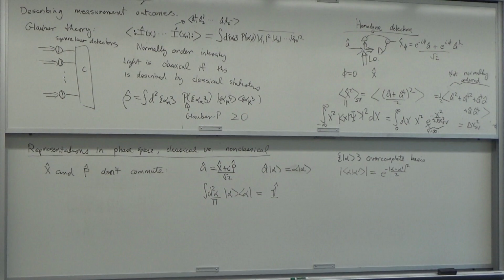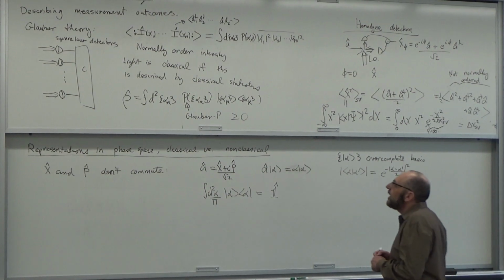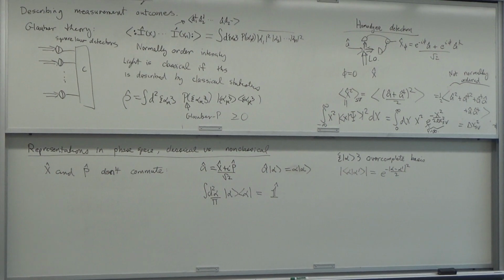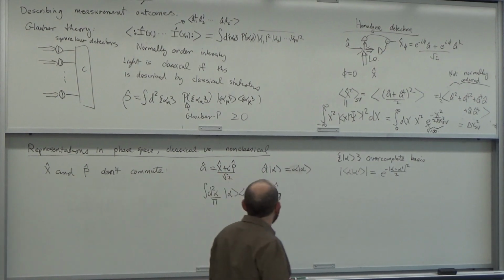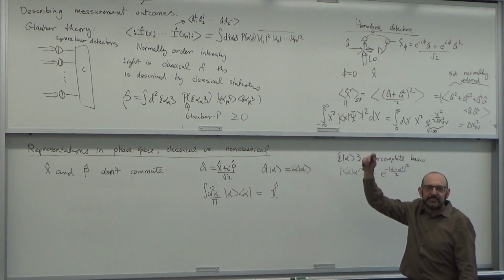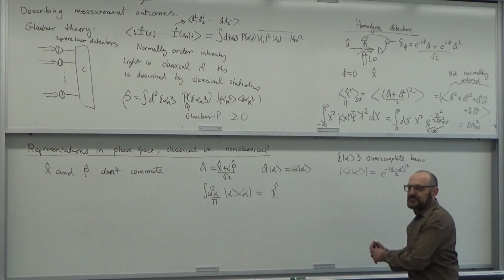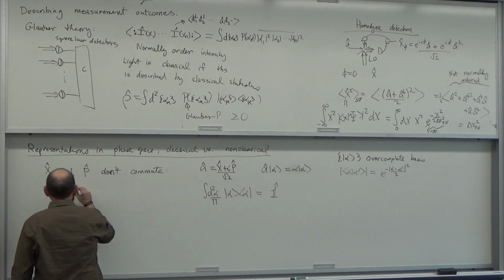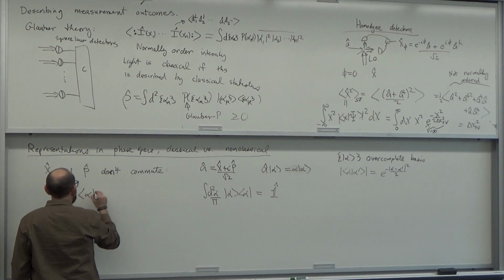So one thing you might say is, I have the coherent states, I want to write down a phase space representation. Well, instead of the x basis, let's look at the coherent states, right?